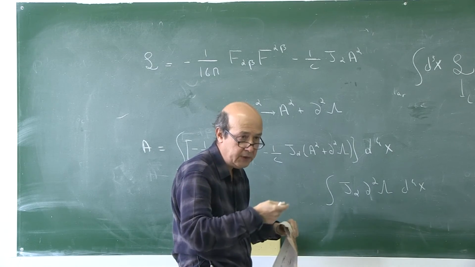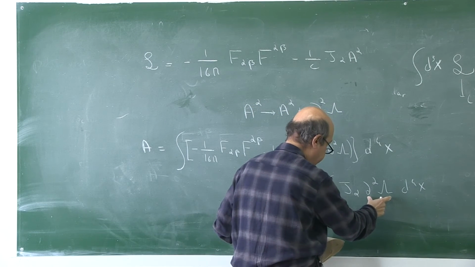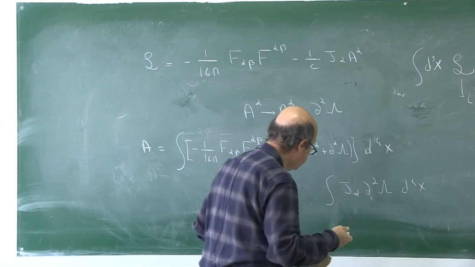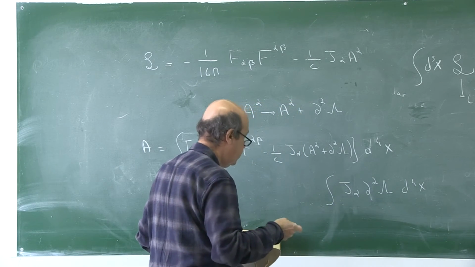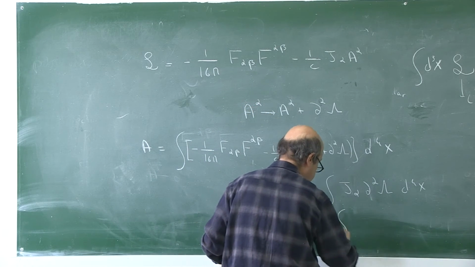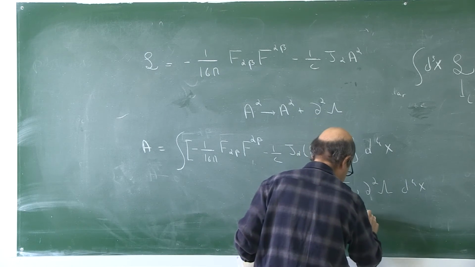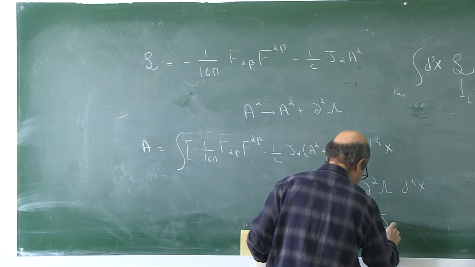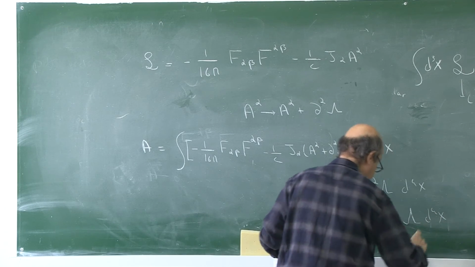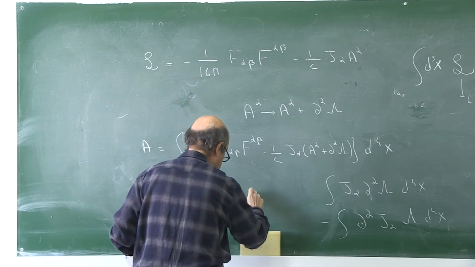If you perform an integration by parts, with one factor as a total differential and the other as the remaining term, this turns out to be minus del alpha J alpha times the gauge, integrated through the volume. So this piece is the integration by parts. You can do this by yourself.